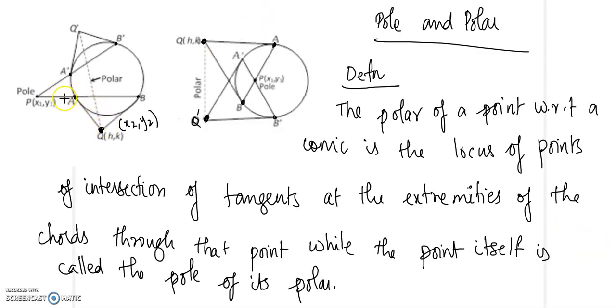So that will be the equation of the line AB with respect to the point x2, y2. Now you can see that our point x1, y1 lies on this line.